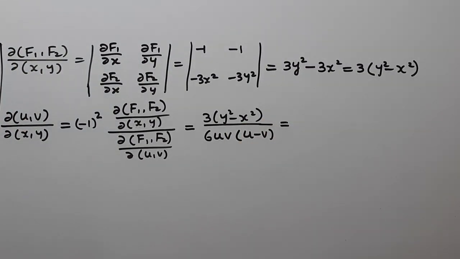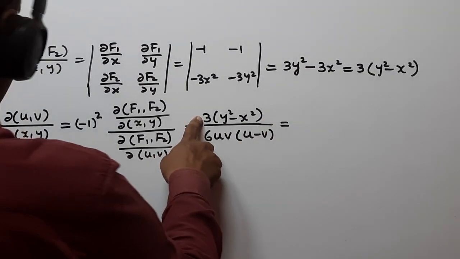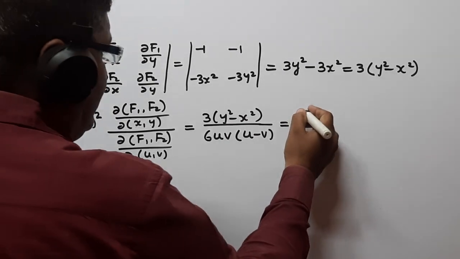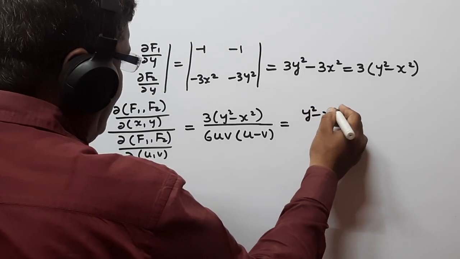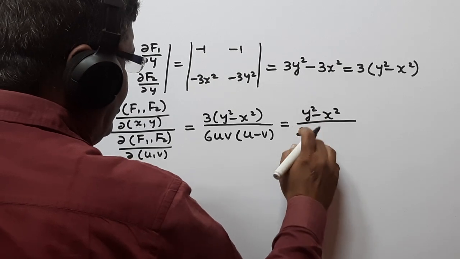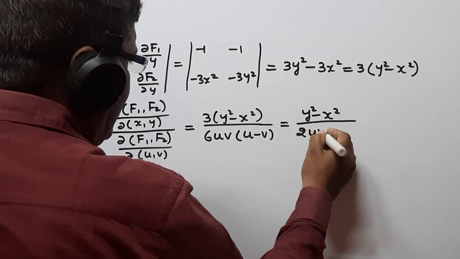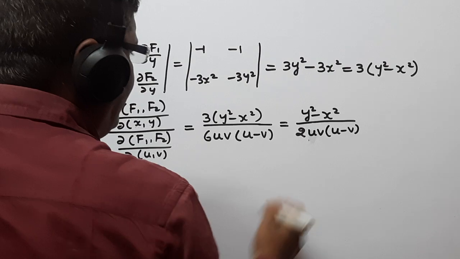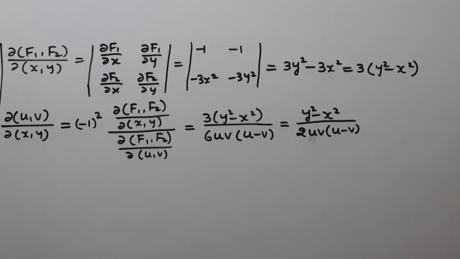You can see that the 6 is cancelled by 3. So this is equal to (y square minus x square) by 2uv(u minus v). So this is the Jacobian of u, v function with respect to two independent variables x and y.